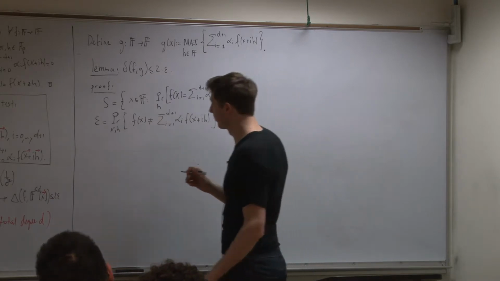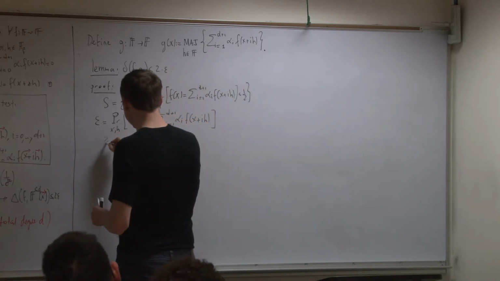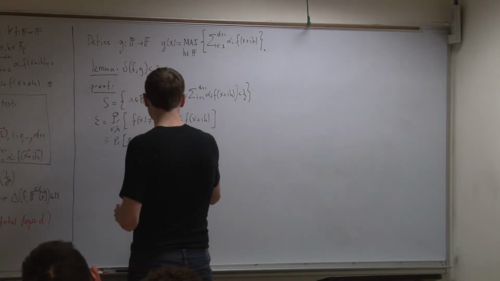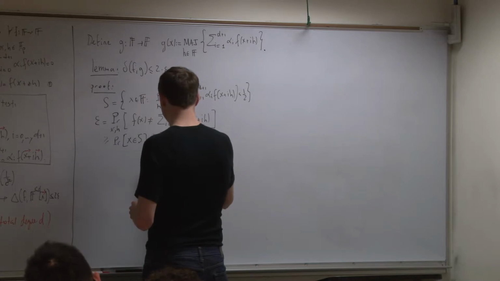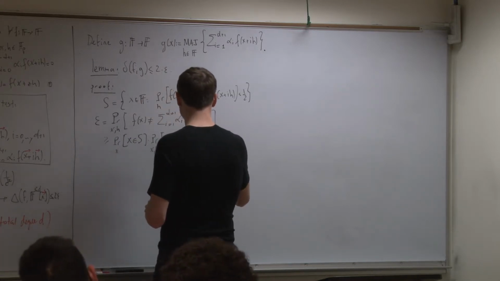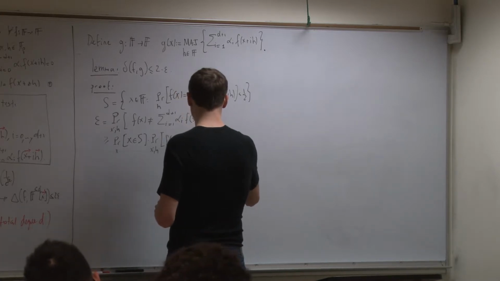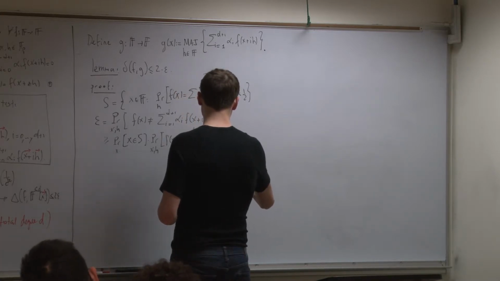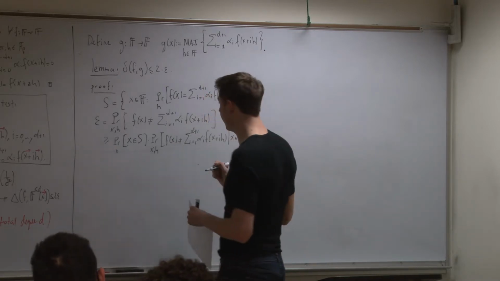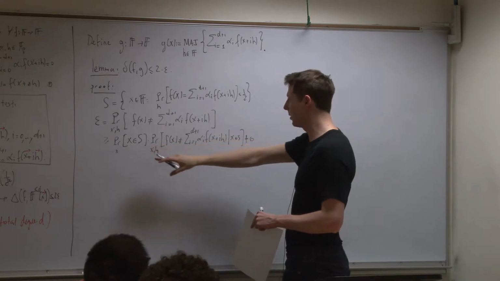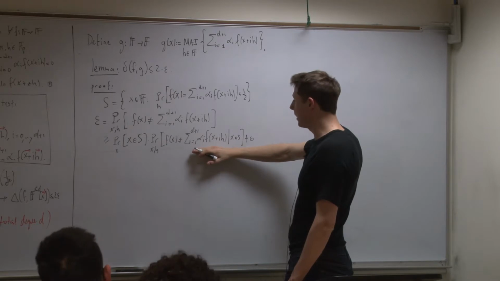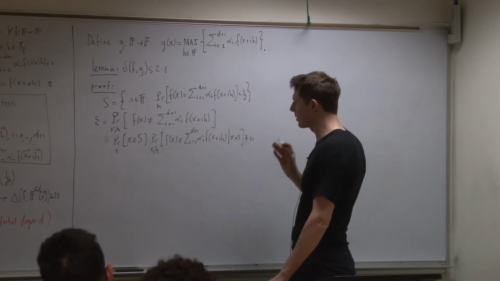This is at least the probability that x is in S times the probability that this event happens given that x is in S, plus 0. I'm just introducing this event, whatever was happening, either it happens when x is in S or when x is not in S.